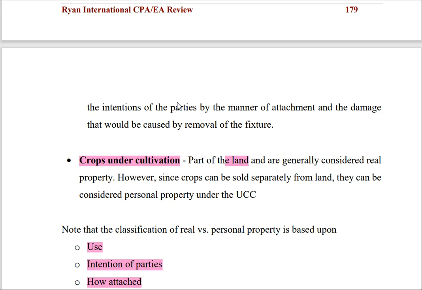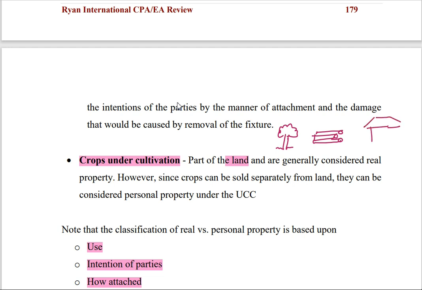For example, let's say trees in a forest. Trees in a forest are real property when they are in the forest. Let's say the tree is cut down and made into lumber, wood. These are personal property. Let's say this lumber is used for making a house.